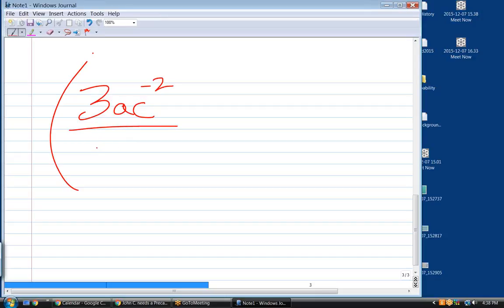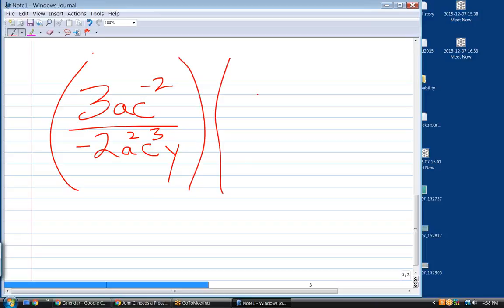Over negative 2a squared c cubed y. That it? And parentheses, negative 2, end parentheses, negative 2 up there.